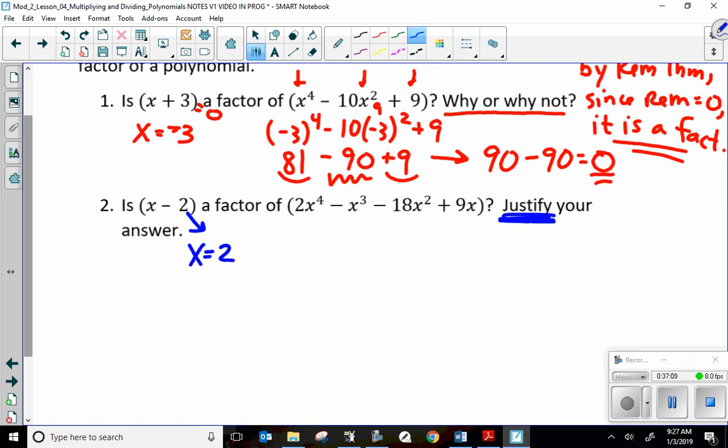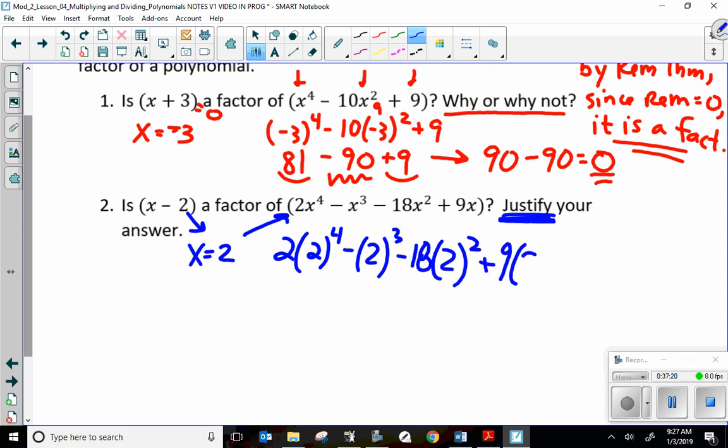x would equal a positive 2. So I'm going to plug that in here. 2 times 2 to the fourth minus 2 cubed minus 18 times 2 squared plus 9 times 2.